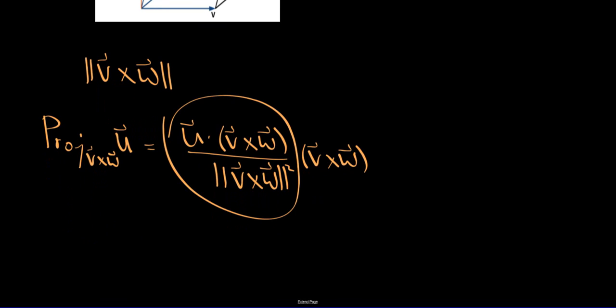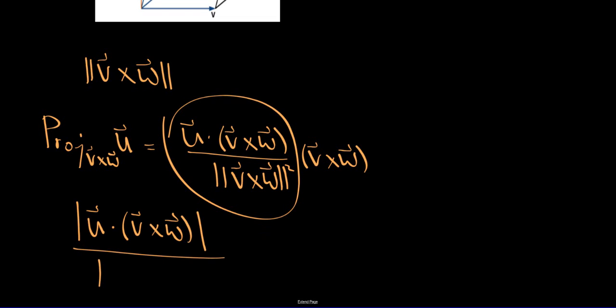So if I square it and take the square root, I get the absolute value of U dot V cross W. Down here, I get the magnitude of V cross W squared, but then times the magnitude of V cross W. Now, I've got an extra square there, don't I?